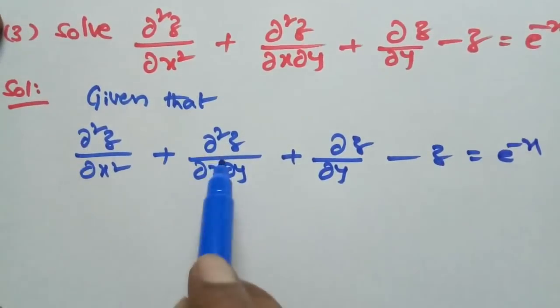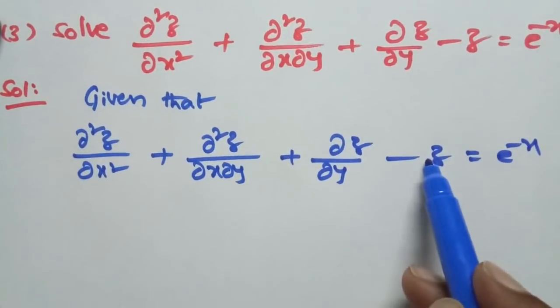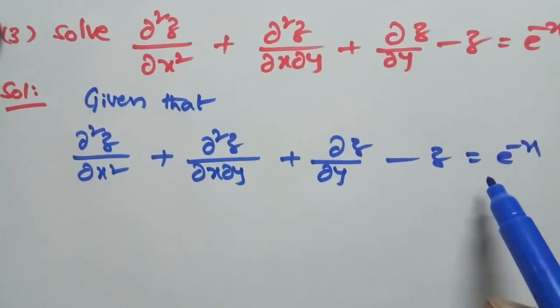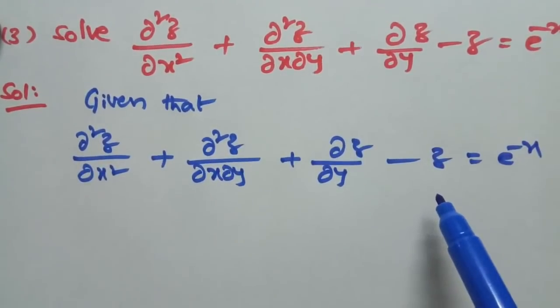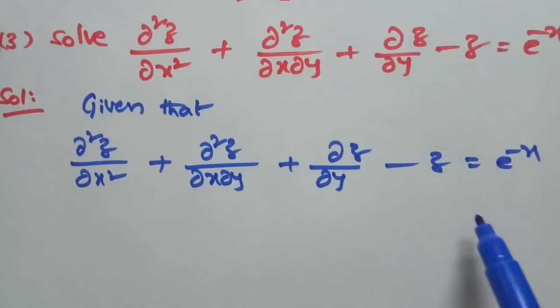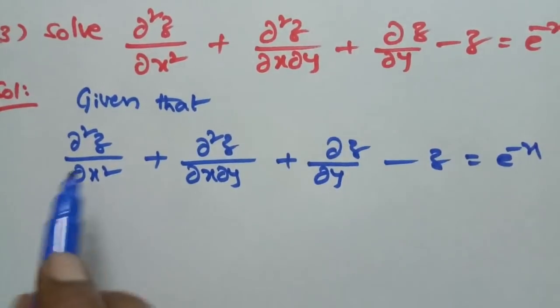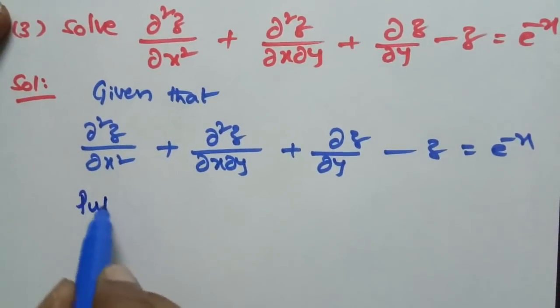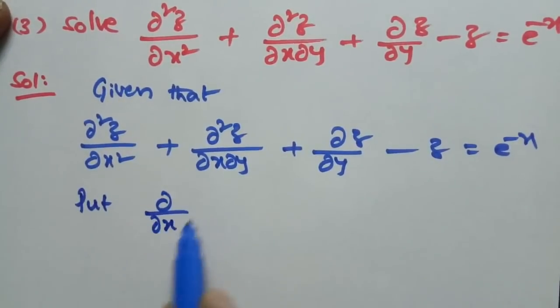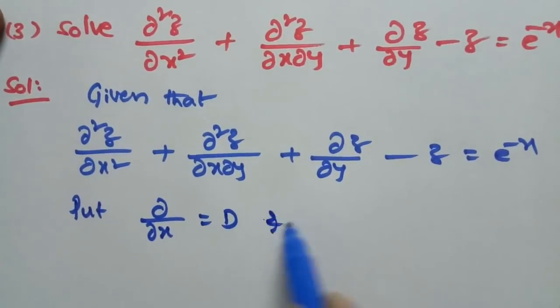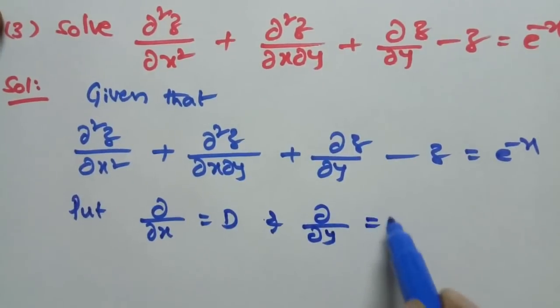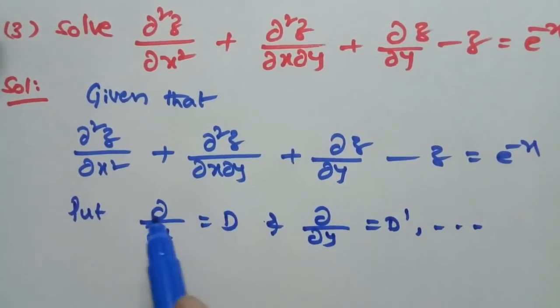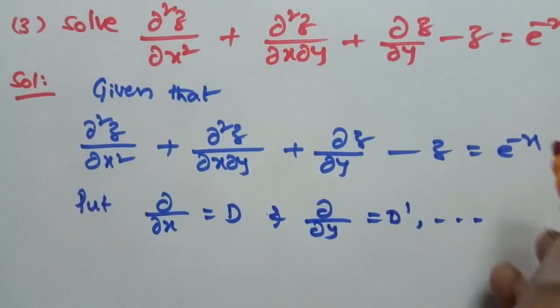So here second order, first order, and no derivative. This is a non-homogeneous linear partial differential equation of second order. Therefore, put ∂/∂x equal to capital D and ∂/∂y equal to capital D', and so on. Say this is equation number 1.